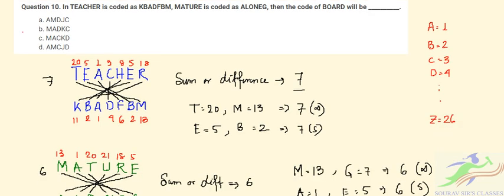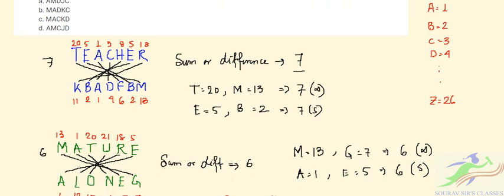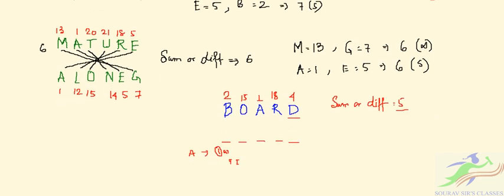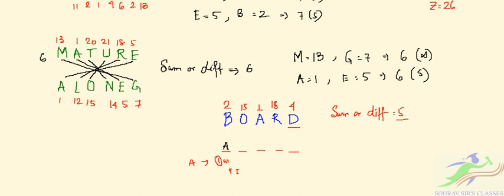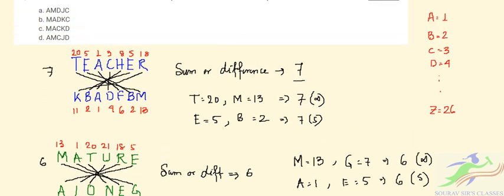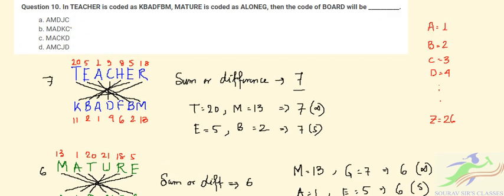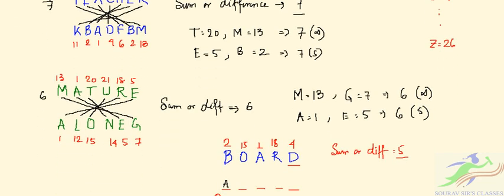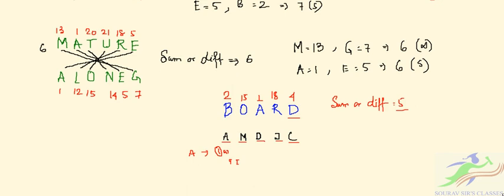Okay, so this first option is A. And you can see that none of the other options are starting with A, so we can put this over there. So it is A, M, G, D, D, G, C, D, J, C. So if we put this A, M, D, J, C, now put the values over here.